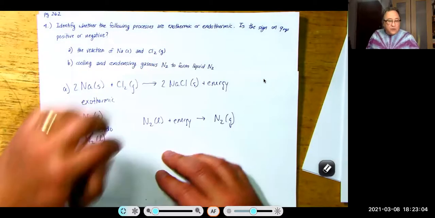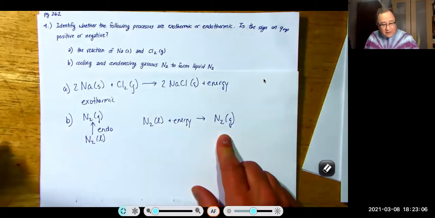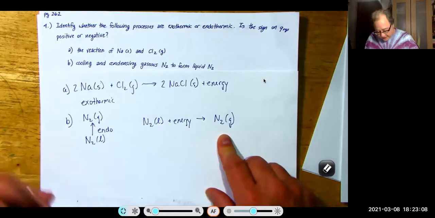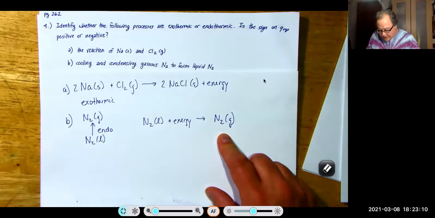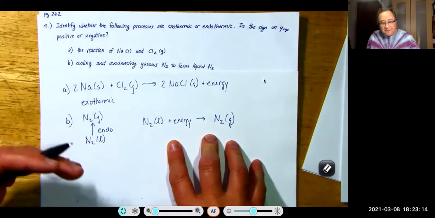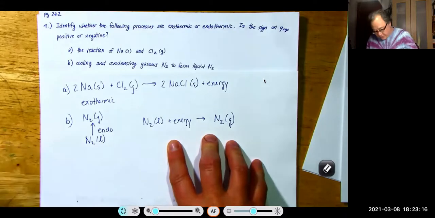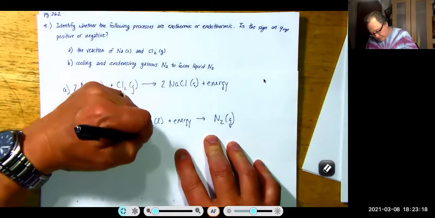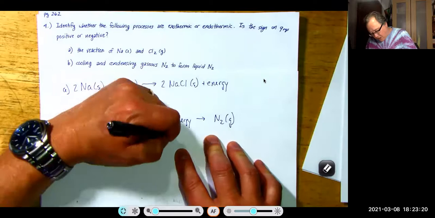So this is what the reaction would look like, although it's not really a reaction, it's called a change in state. And this one might not be too familiar to what you are used to thinking about, but what you want to do is always relate it to water.